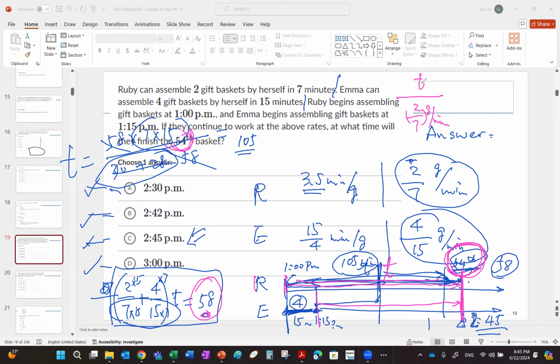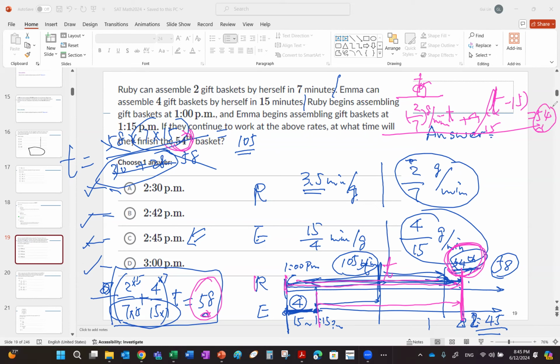And for the Emma part, you can build this kind of equation: T, she used less than the Ruby by 15 minutes, so T minus 15 over 4. And you get 54.